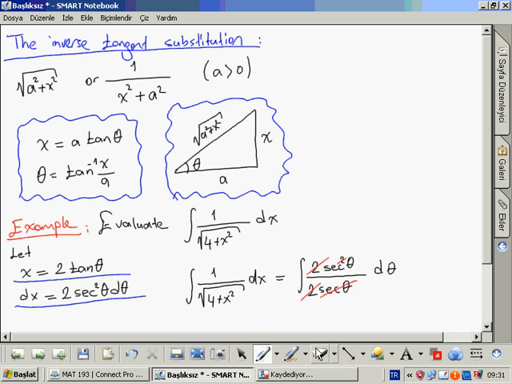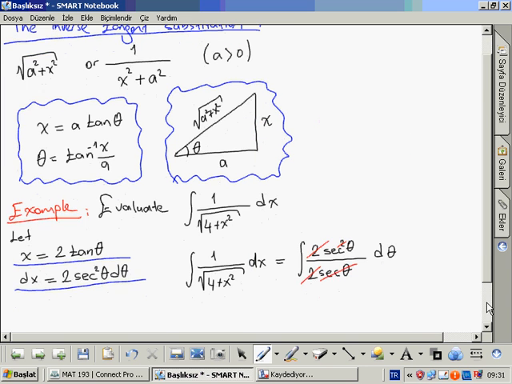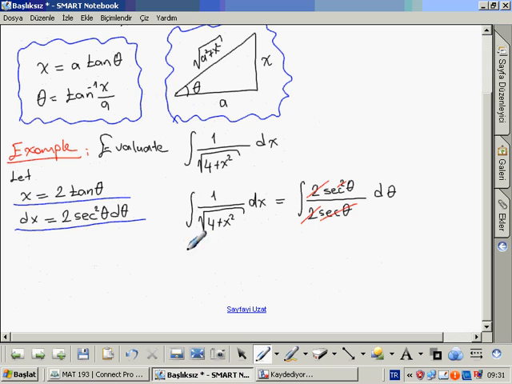This part will be cancelled, and after that our integral will be the integral of secant theta d theta, and it equals ln of the absolute value of secant theta plus tan theta plus the integration constant.